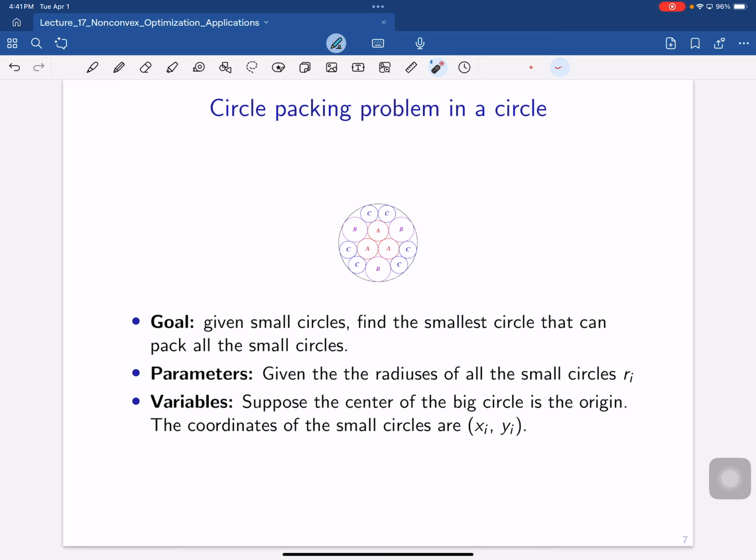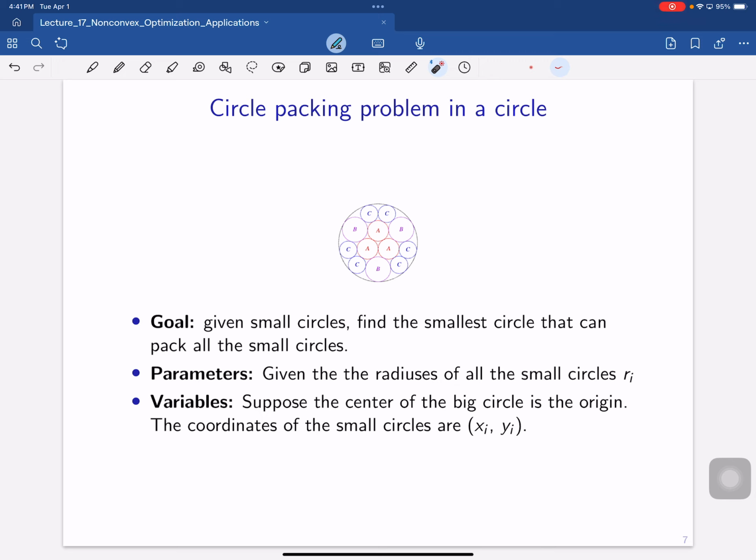What other constraints do we need? Yes, the circles must be within the bigger one. They cannot be outside. Exactly right, they cannot go outside the big circle. First of all, the small circles cannot overlap with each other.